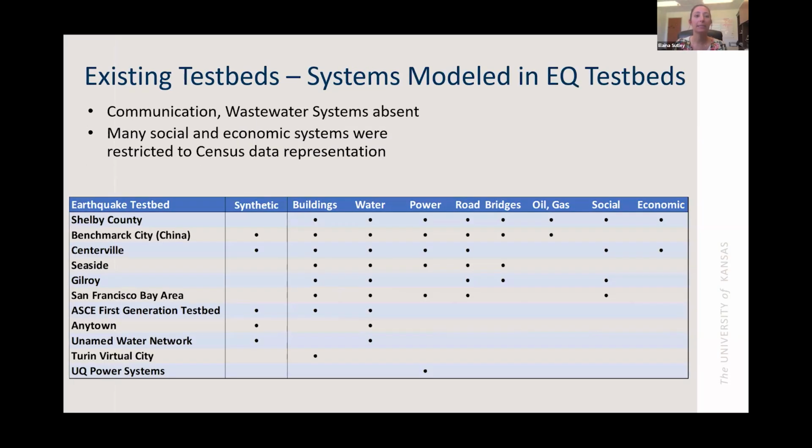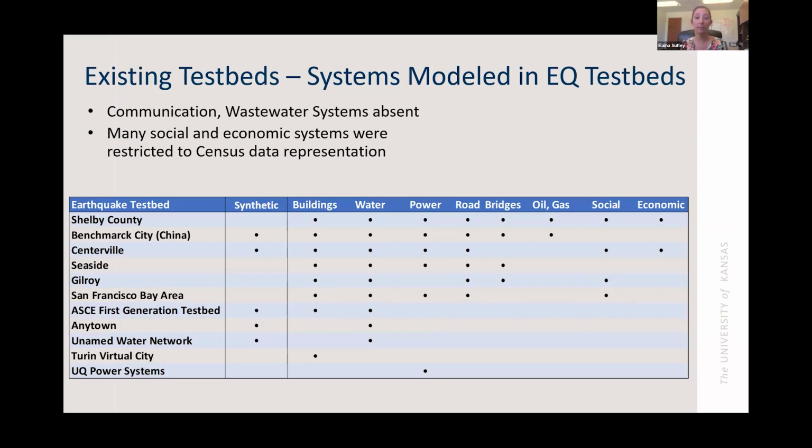Since this is a roundtable on earthquakes, if we highlight the test beds that existed on earthquakes, at least in 2023, and what systems they included, one thing I want to point out here is our search did not reveal much to any coverage on communication or wastewater systems. And the social and economic systems tended to be restricted for the most part to census data representation instead of really meaningful use.